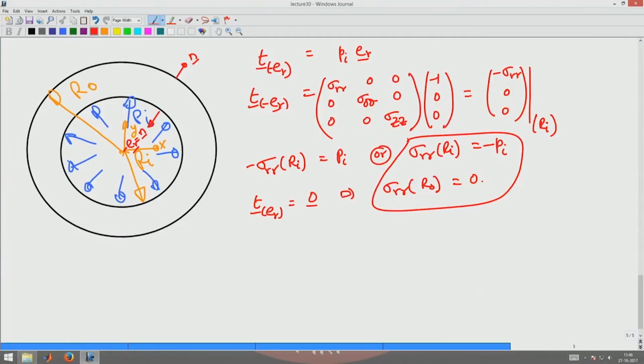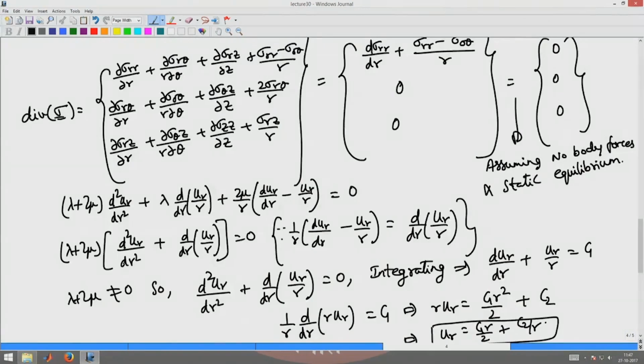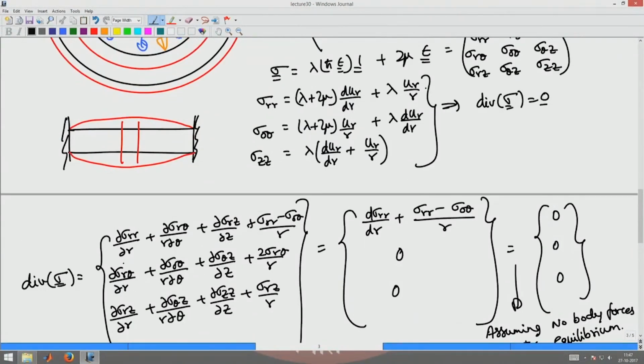Okay. I found u of r to be C1 r by 2 plus C2 by r. Correspondingly, now I go back and substitute this in the expression for the stresses, and I will evaluate what the stresses are in terms of the constants C1 and C2 and radial location r. Okay.